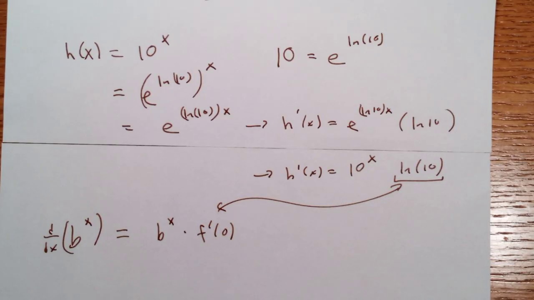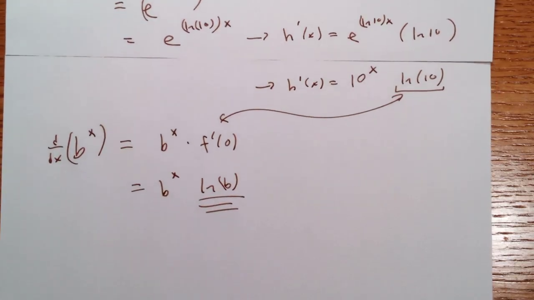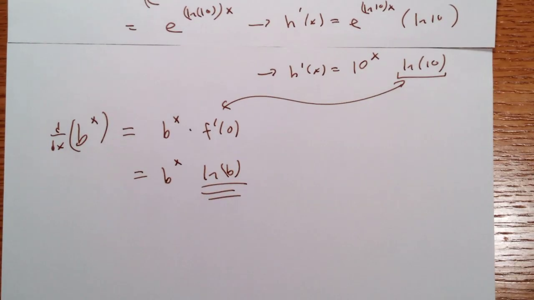This is going to work every time. The derivative of b to the x is b to the x times ln of b. That's where that constant comes from. It comes from the chain rule. Every time.